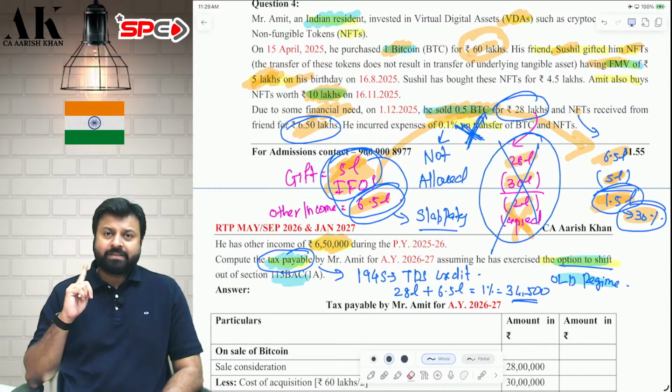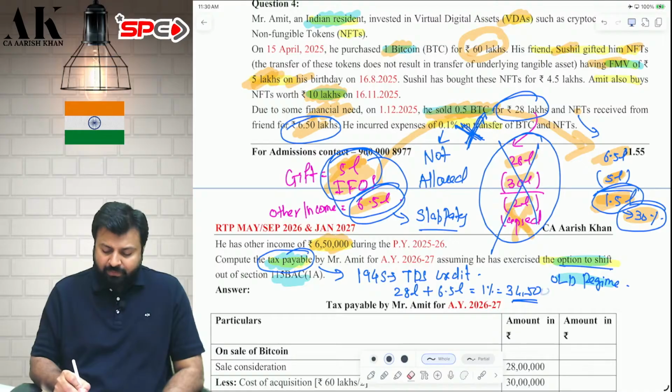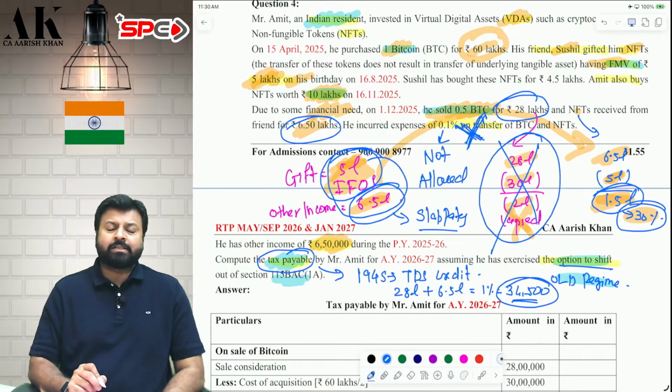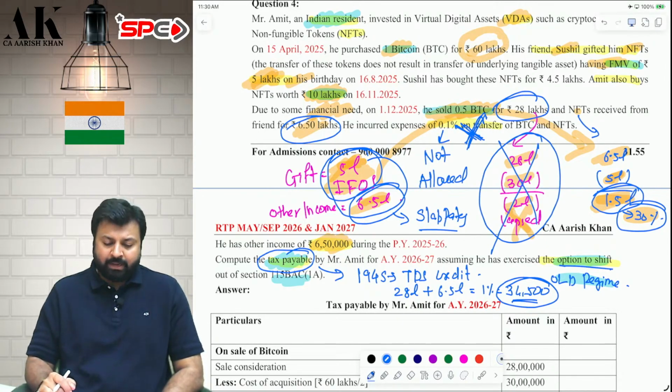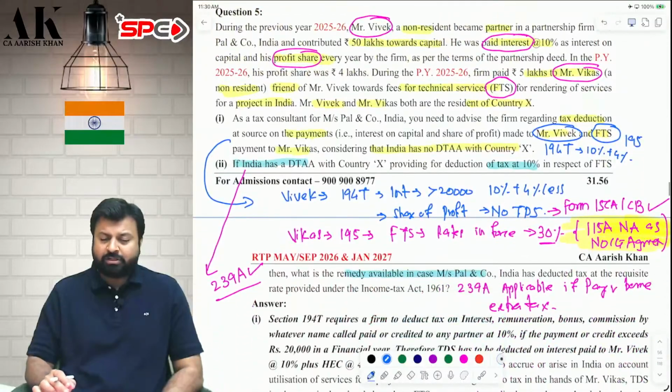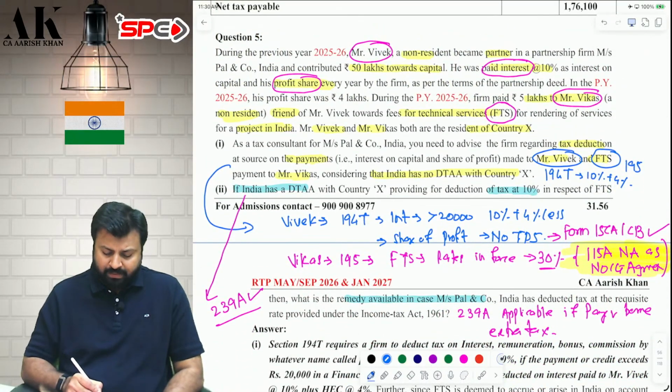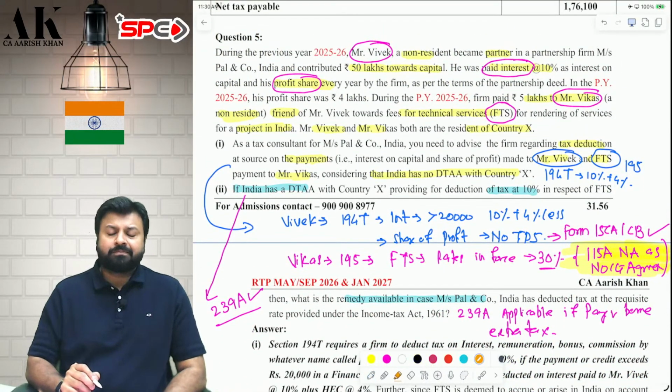On the NFT of 6.5 lakh, 1% TDS will come to 6,500. Therefore, total 34,500 TDS would have been deducted by the buyer on sale of Bitcoin and virtual digital assets. Therefore, this should be taken as a credit while computing the tax payable. I hope it is clear to all of you. All these small points, you need to be very careful with. Next question, again a very intelligent question.